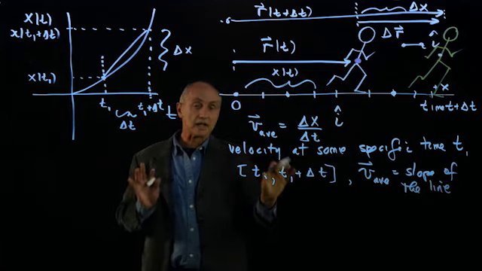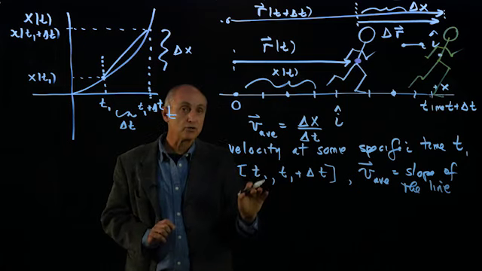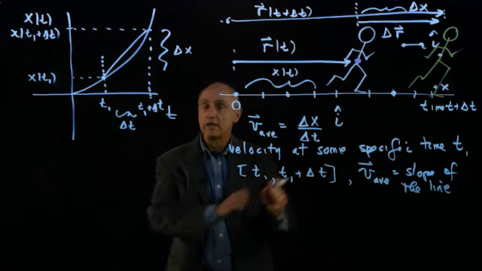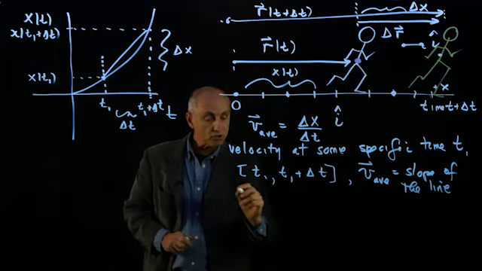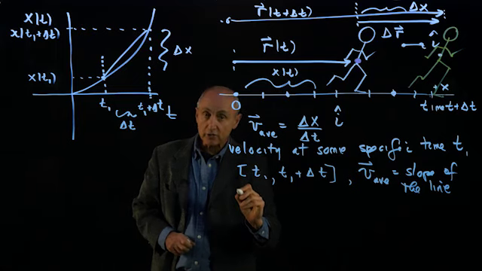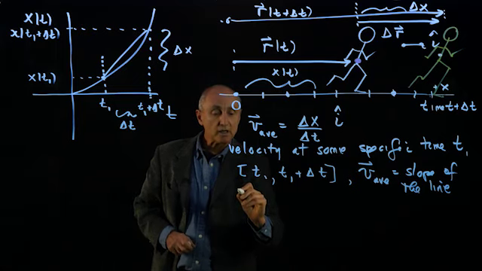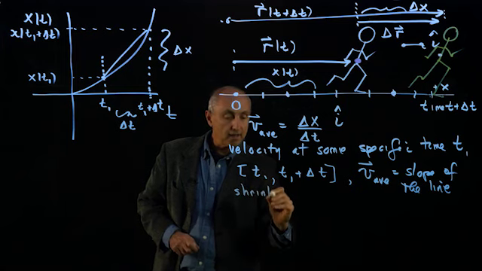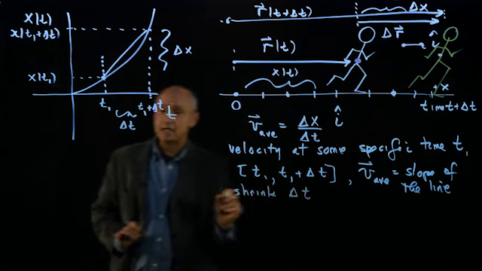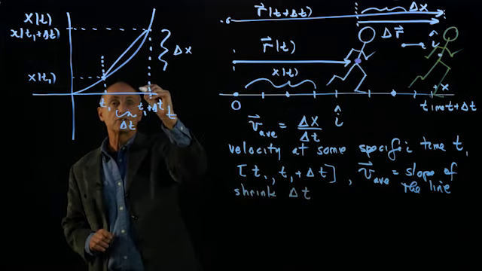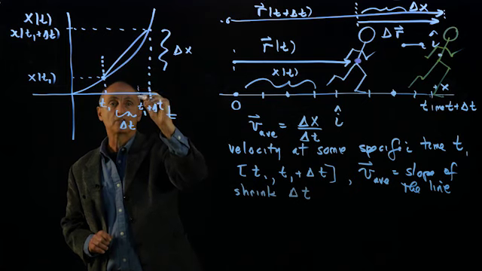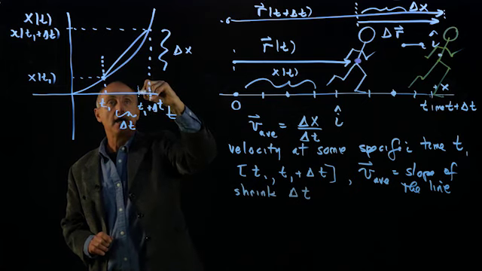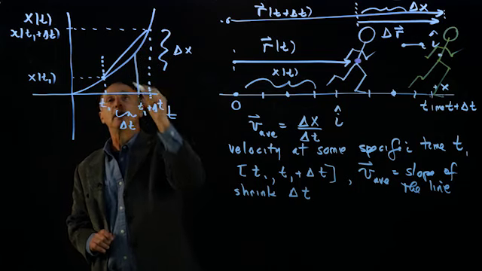Now, this is just an average velocity, and what we would like to do is shrink down our interval delta t. So let's make another case where we shrink delta t, and let's again calculate the average velocity. Suppose we have a smaller delta t, and we draw that line.